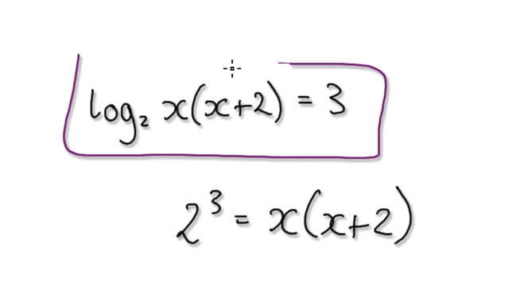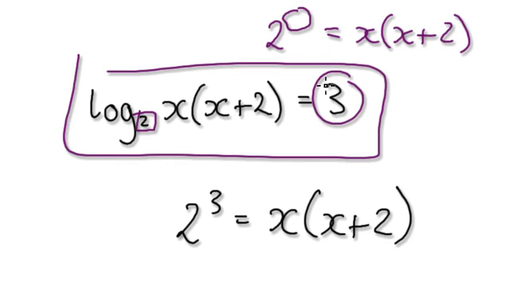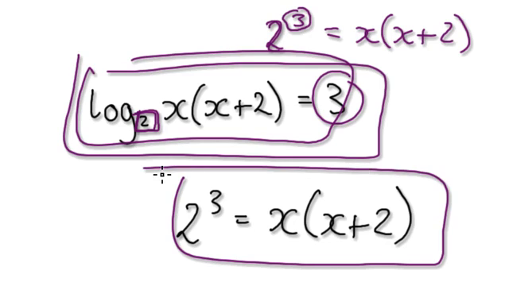So when you are here, your eyes zoom into this here. 2 to the power of what will give us x plus 2. In this case, hang on, let's start again. 2 to the power of what? But in this case, the what is the 3. So this thing here gets translated to this.